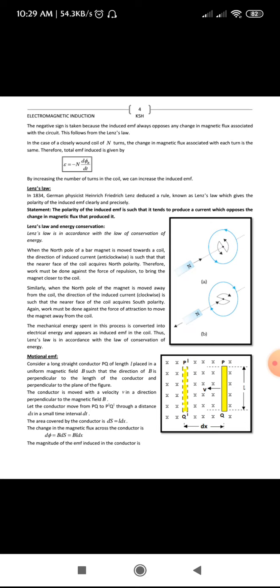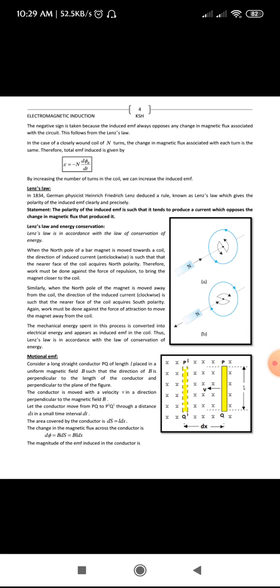Let us see what Lenz's law is. Before that, in the case of a closely wound coil of n turns, the change in magnetic flux associated with each turn is the same. Therefore, the total EMF induced is given by E is equal to minus n d phi by dt.